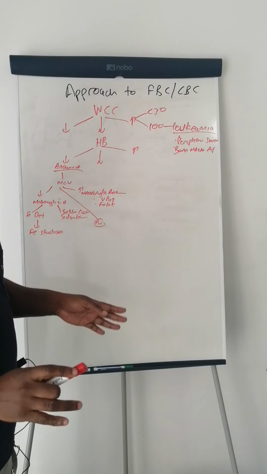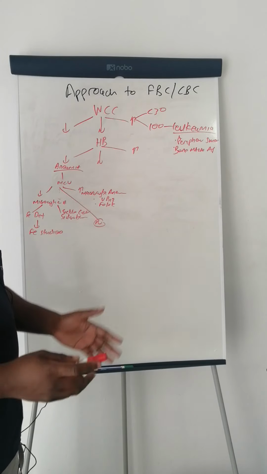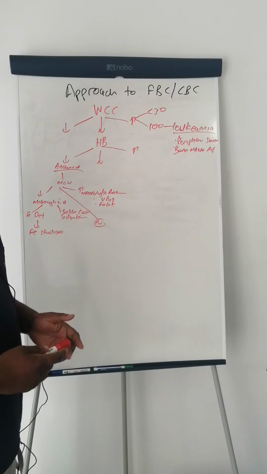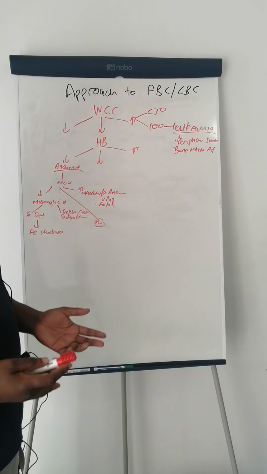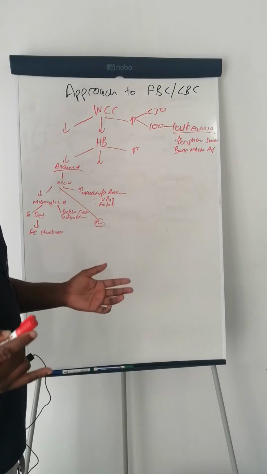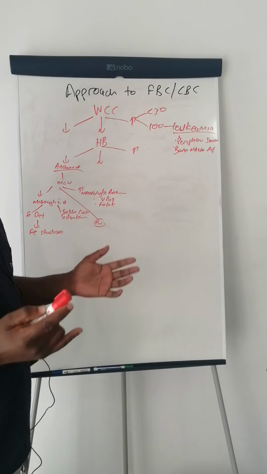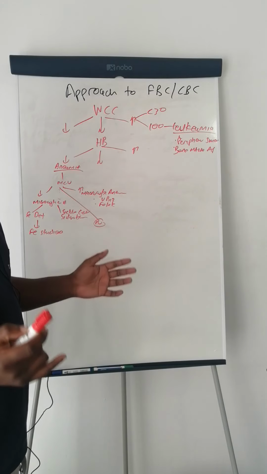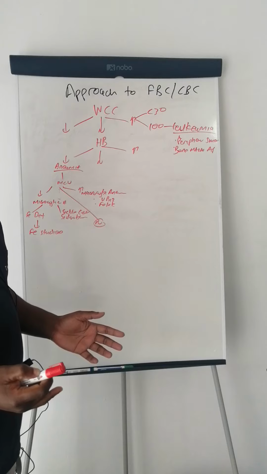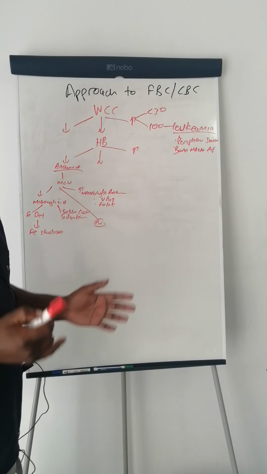But if you've got a patient that has been bleeding chronically for months, yes, they are bleeding, but their type of anemia is likely to be a normocytic anemia or a microcytic anemia.